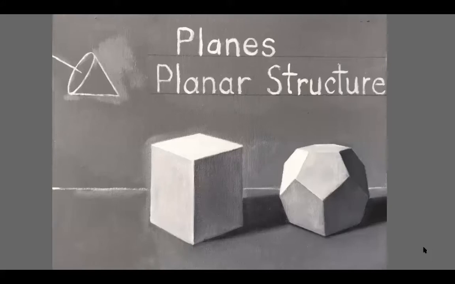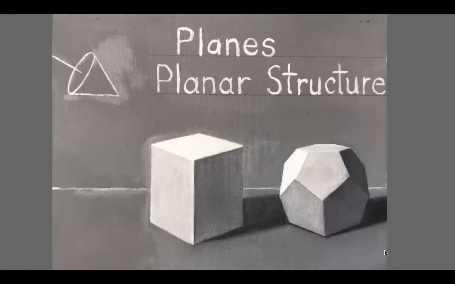Then we talked about how we can combine a concept that I call planar structure, which can be used in conjunction with light and shadow to, as fully as possible, create that sense or that illusion of 3-dimensional volume in space.